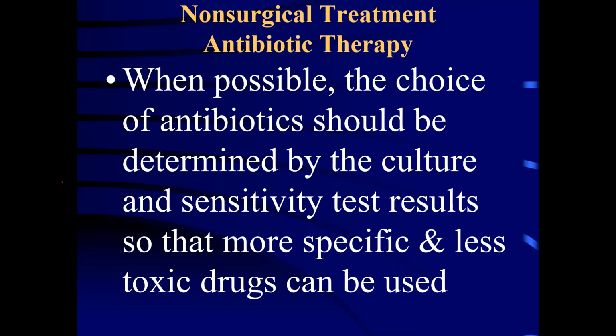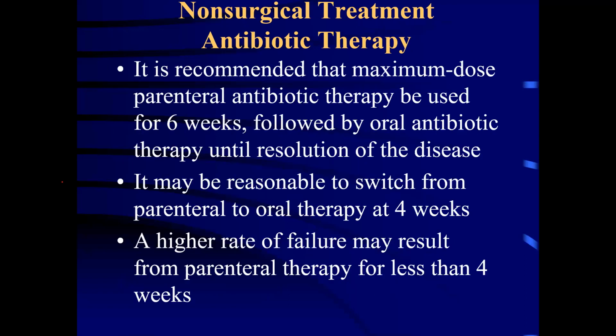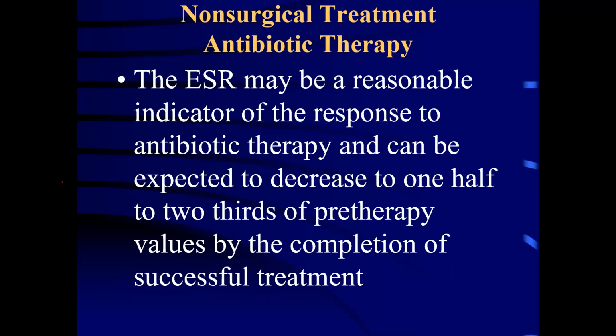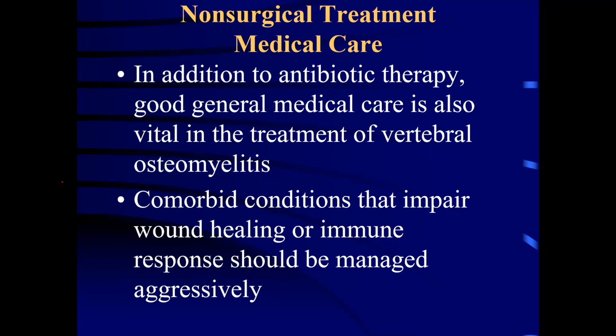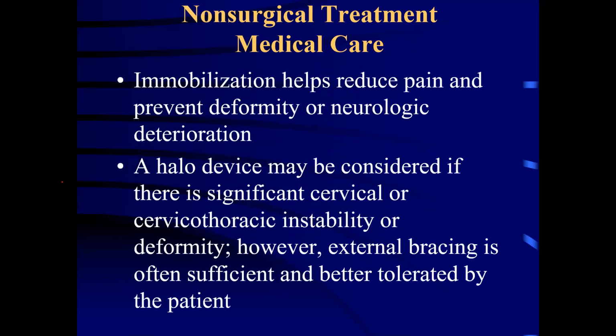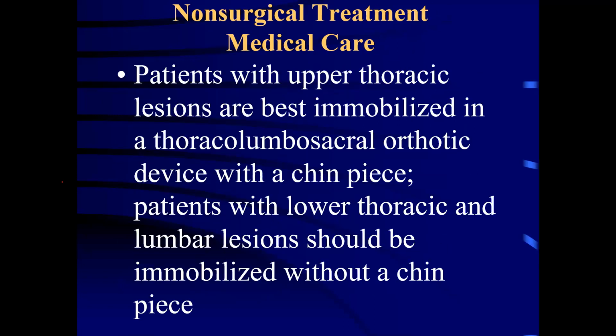You can use metals, namely titanium fixation, even though you have an infection. And this is so for spine surgery. And I thank you very much for attending this long and boring lecture.